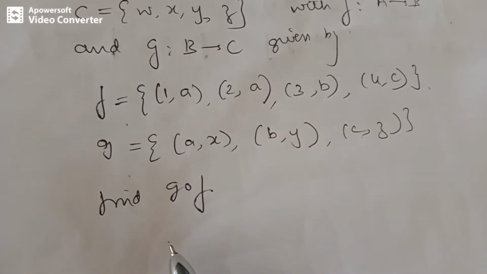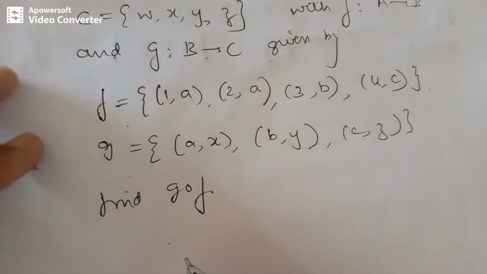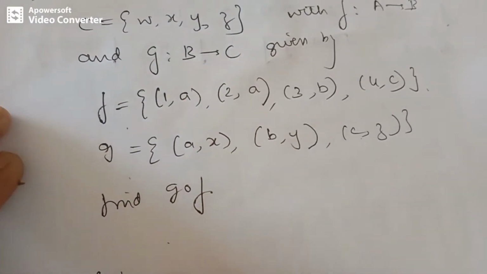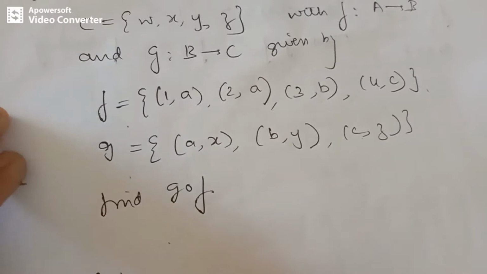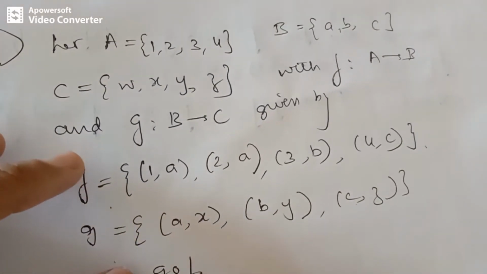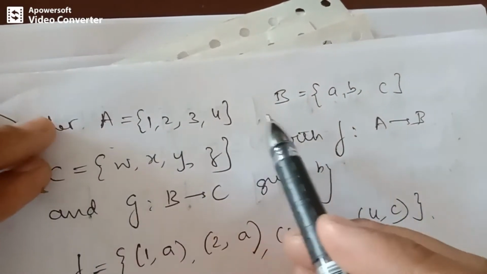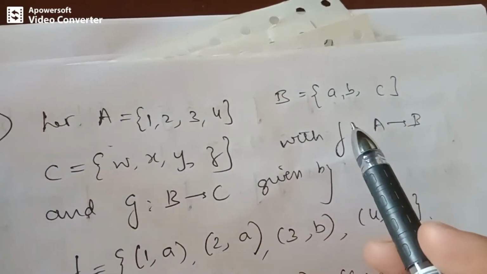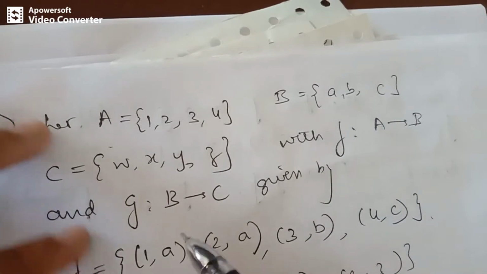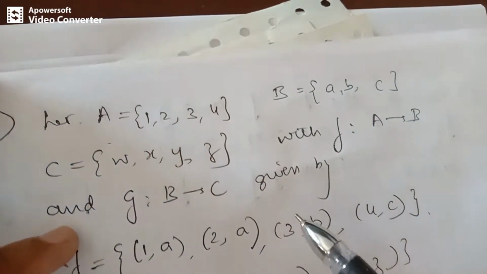As you know, g composite f is nothing but the product of the functions from A to B and B to C. It is a product of these two functions f and g.